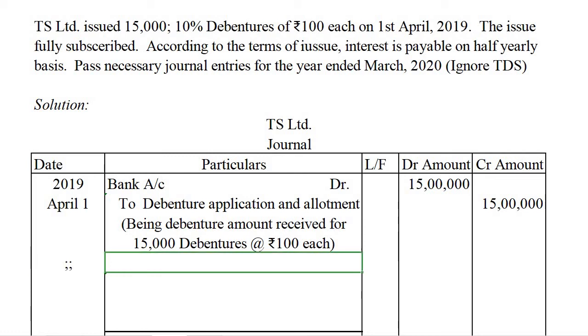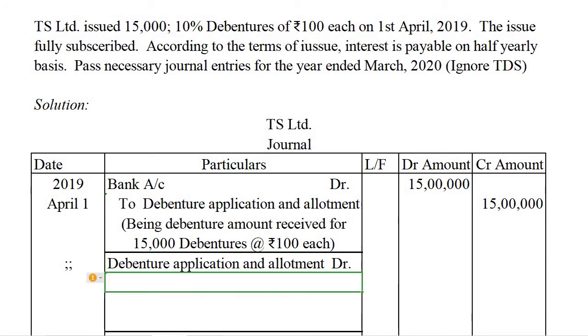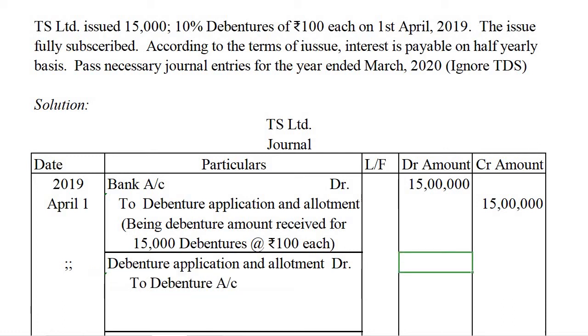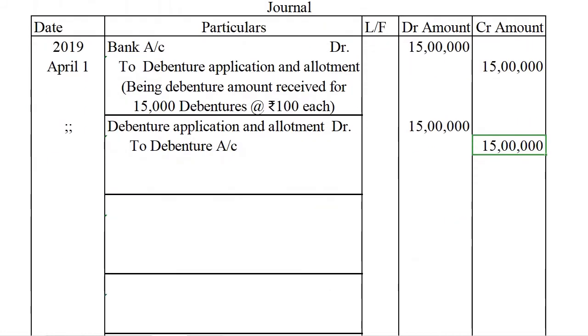So in the date column we can give the same date, and Debenture Application and Allotment debtor to Debenture Capital. Okay, and the amount is 15 lakh. 15 lakh can be written in the credit column also.